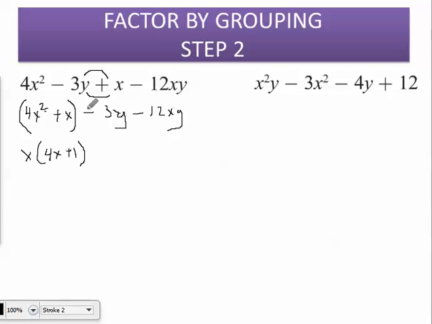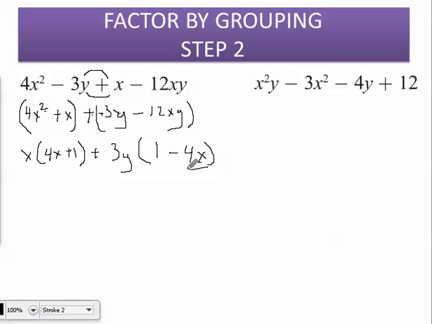Okay? Now when I take this minus sign, turn it into a plus, that becomes a minus 3y. Group these two together, and I pull out a plus 3y out of this. What am I going to get? I'm going to get a 1 minus 4x.